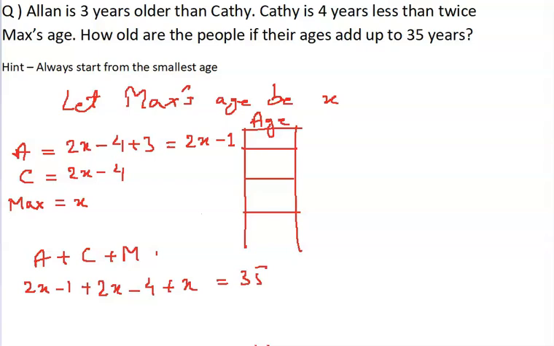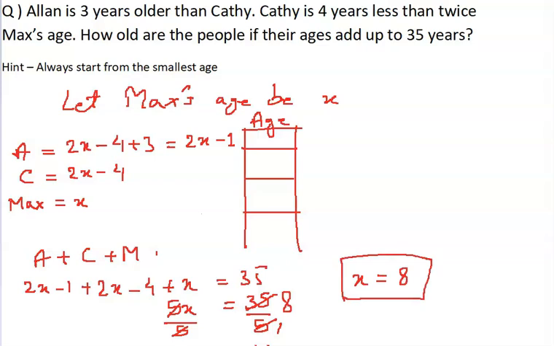It's just simple addition. It comes to 5x equals 35, whereas x equals 8.